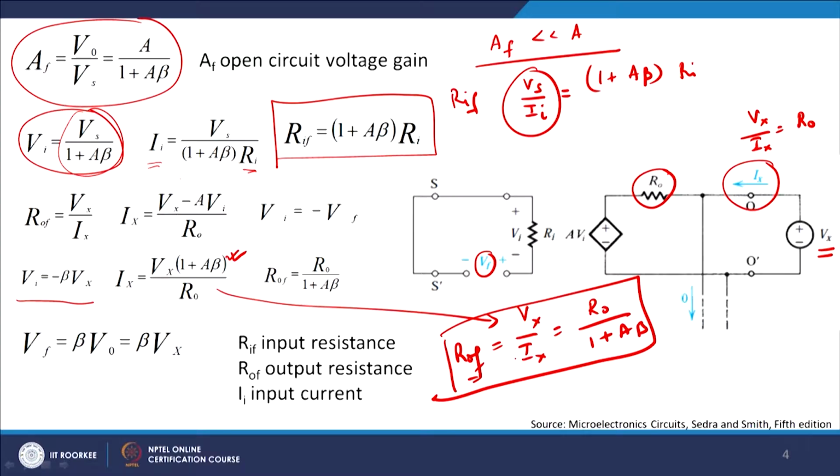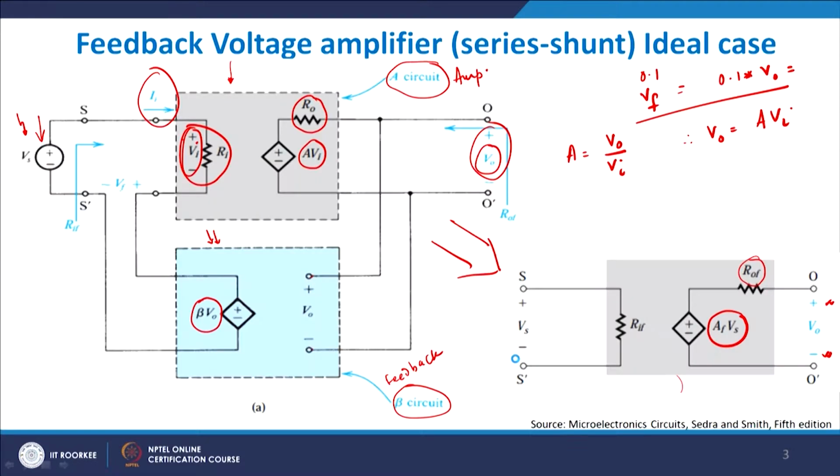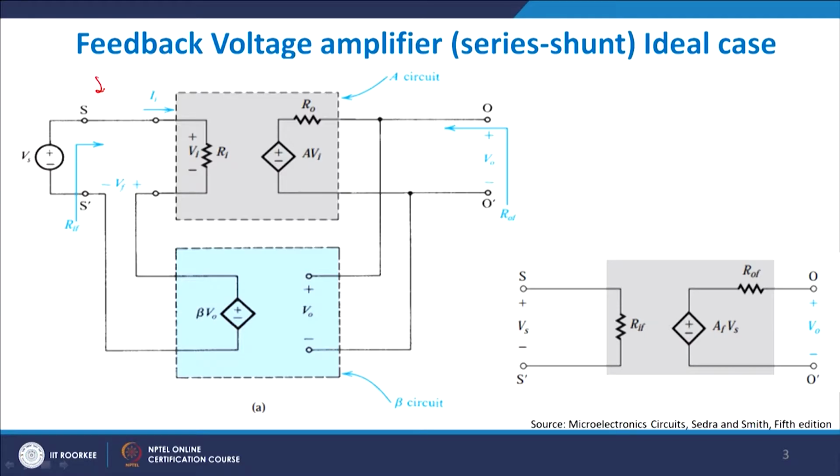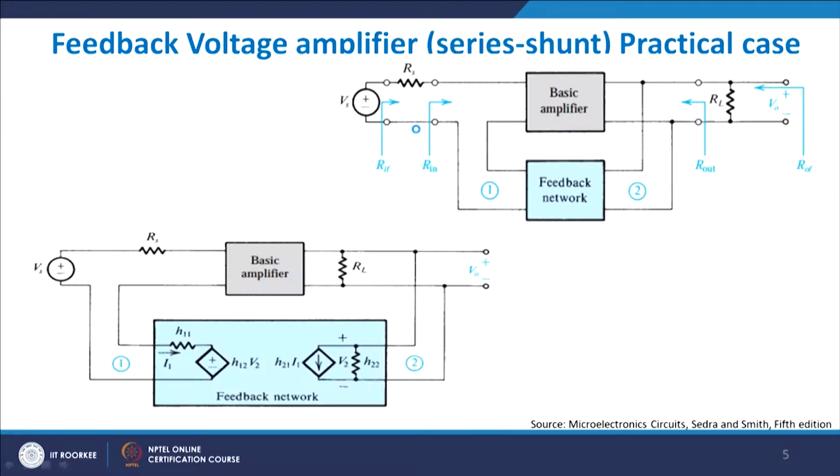You can see it physically also. If you look very carefully, this is a series addition here, and therefore your impedance levels will go high. This is a shunt or parallel addition here, and therefore your impedances will go low. That takes care of approximately all the understanding here.